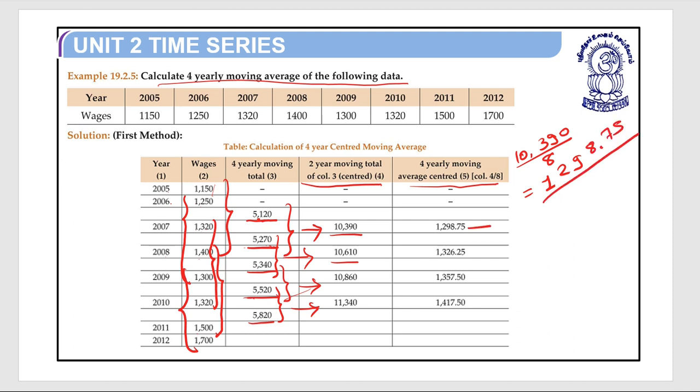So you will get 1298.75. Same way, 10,610 divided by 8, 10,860 divided by 8, 11,340 divided by 8.